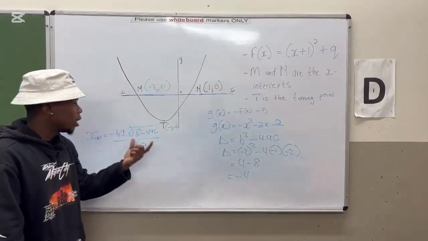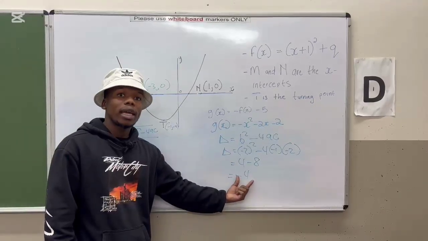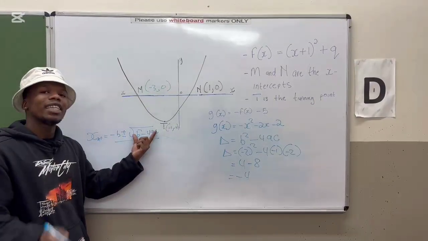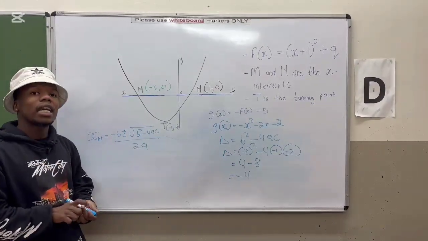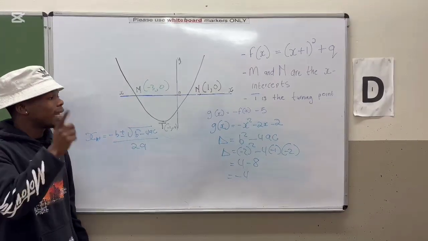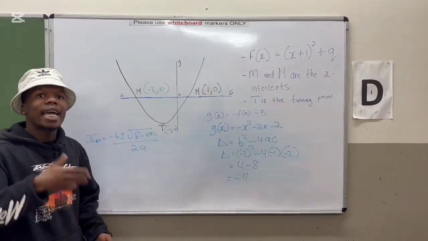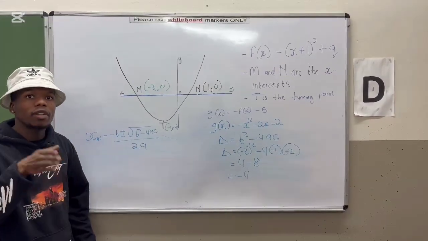This discriminant is inside the square root, and we know that our discriminant is minus 4, and we can't have a negative inside the square root. In other words, you can't get the x-intercept, or we can call it the root of the equation, meaning that here the roots are imaginary. You can't have real roots.